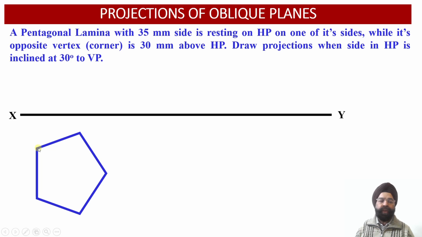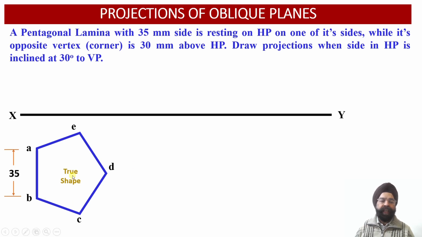So we construct this pentagonal lamina having edge equal to 35 millimeter, and we have labeled the corners of this lamina as A, B, C, D and E. This is the true shape of the pentagonal lamina as it is resting onto the ground, and this projection has been observed from the top view onto the horizontal plane.